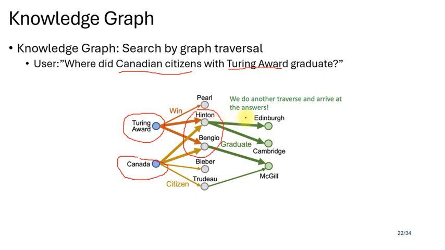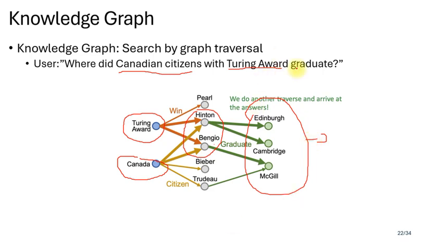Hinton worked at Edinburgh University. Yoshua Bengio worked in Cambridge, and Hinton worked in Cambridge, and Yoshua Bengio worked in Macquarie University. So we can combine these nodes and produce the final answer. ChatGPT found that there are two Canadian citizens who won the Turing Award, Hinton and Bengio. Hinton right now works in Edinburgh and Cambridge, and Bengio works in Macquarie University.